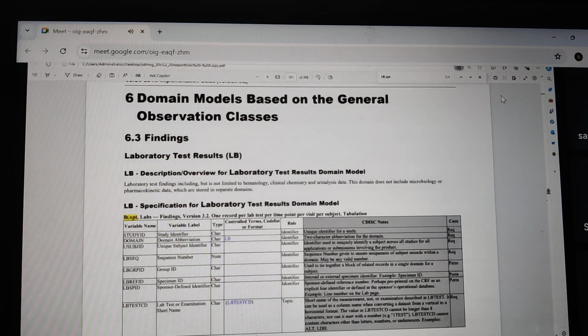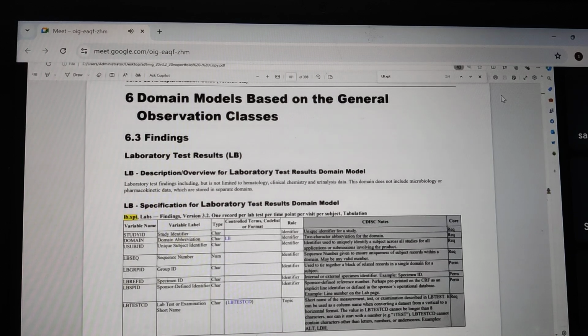So to avoid ambiguous situations and to avoid misplacing of samples, the accession number is important. While merging the data from vendor to CRF, we will use those particular accession numbers. So that is the concept of the LB. That's why we say LB is a bit of a challenging domain.